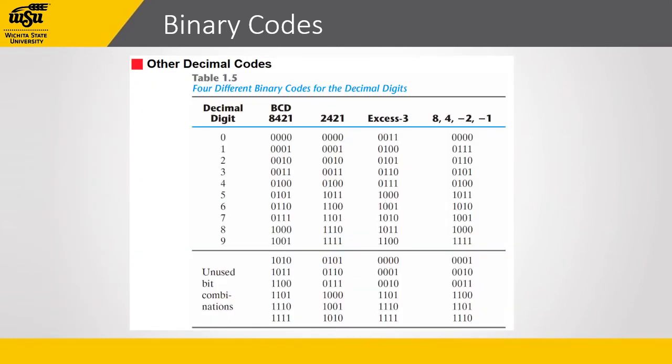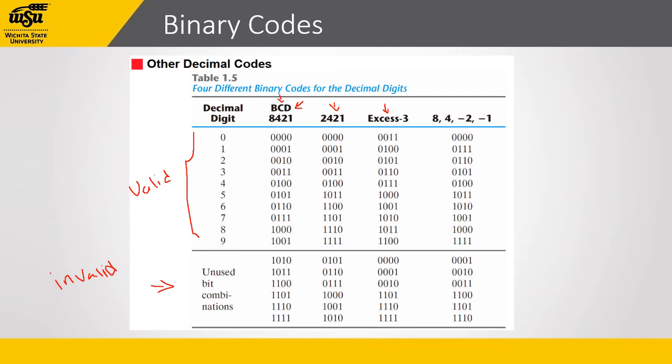There are other forms of binary codes rather than BCD, which are 2421, XS3, 84-2-1. For each of those, these ranges are the valid codes, and these are the invalid ranges, that when we see, it means that there is a problem that we have to fix.